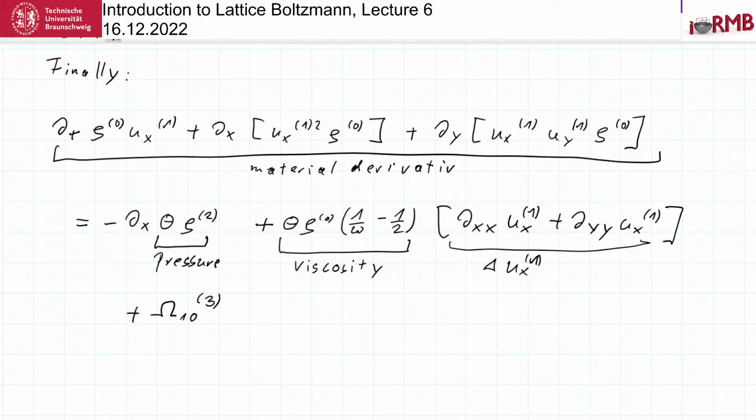So what is this? This here is the body force. It could, for example, be the acceleration, and all of this together is the Navier-Stokes equation in X, which we now derived.